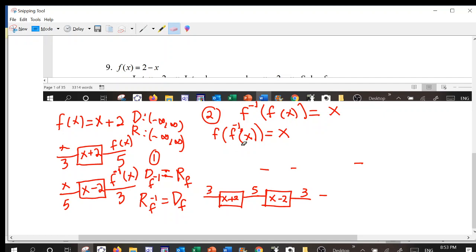Now, what about this one? Well, this one is if you start with f inverse, x minus 2, and let's say we start with 4. So 4 minus 2 is 2, and then let it go through f. What comes out? Well, 4. You get the 4 back.